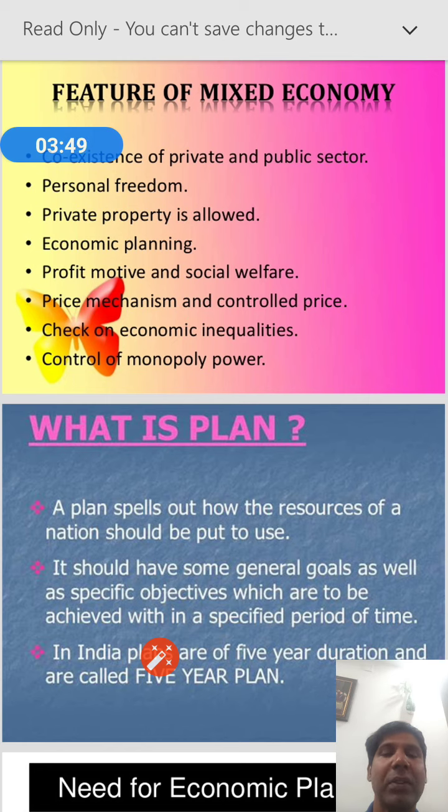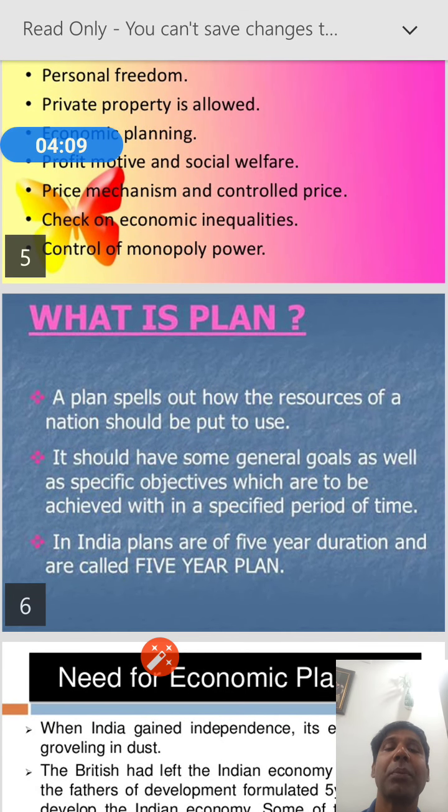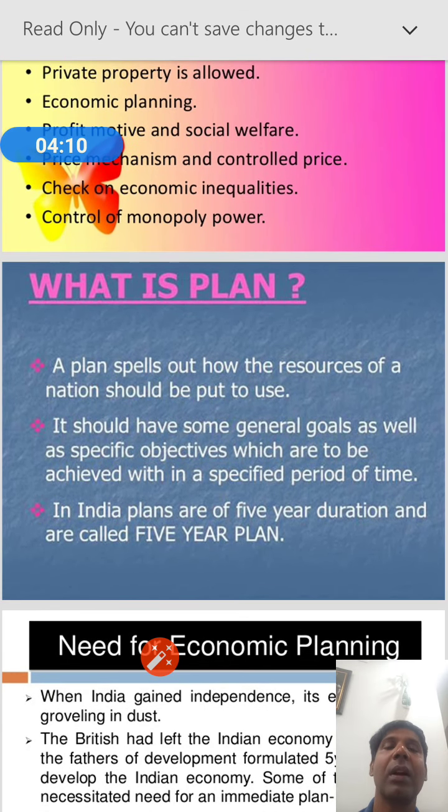There is a check on economic inequalities and a control of monopoly. According to price variations, at the same time price control is also there. That is known as MSP, minimum support price, and government subsidies are there. All these things are there.